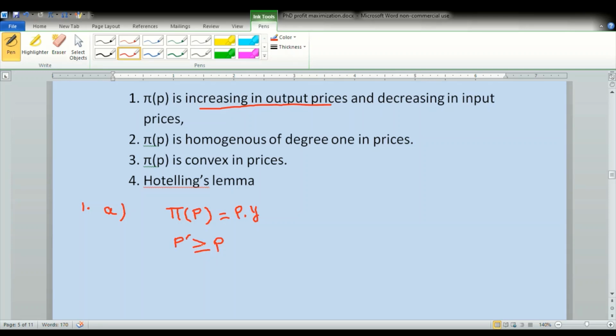So this strict inequality holds for output and equality holds for inputs.